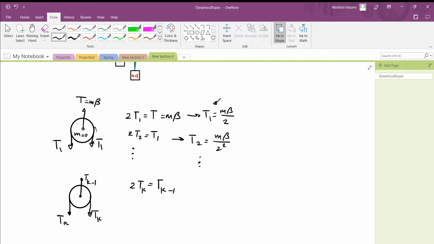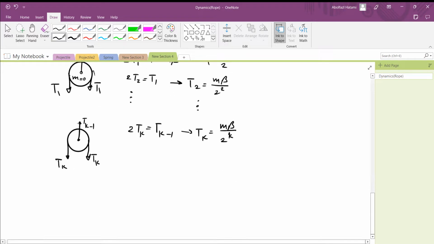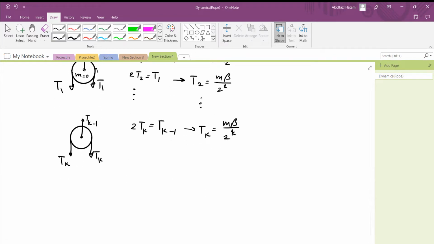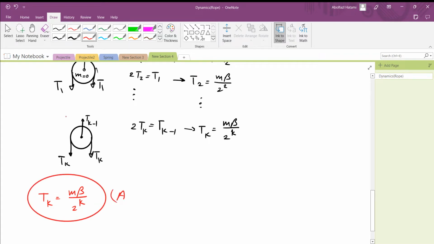If we go like that, we obtain that Tk is going to be m beta divided by 2 to power k. So we found the tension in the kth rope. So Tk is going to be m beta divided by 2 to power k. It's part A of the problem.